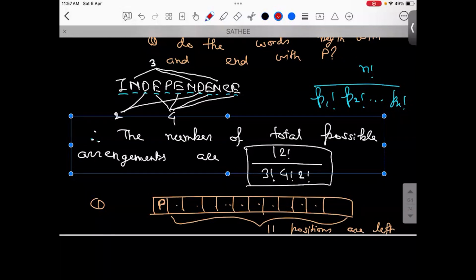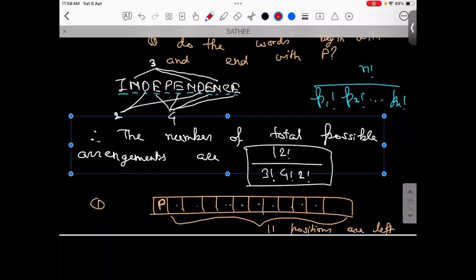This is a question. Now, here you can see we have put P in the first position, and P is not a repeated term. Okay. So, in the 11 left letters, we have the repeated letters again. So, in the left 11 positions, E is present, D is present, and N is also present.